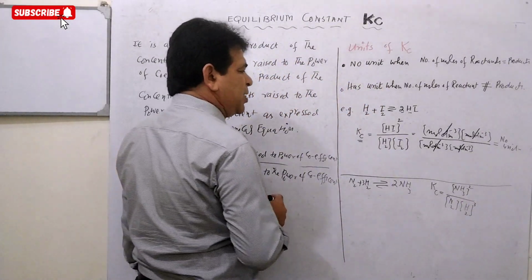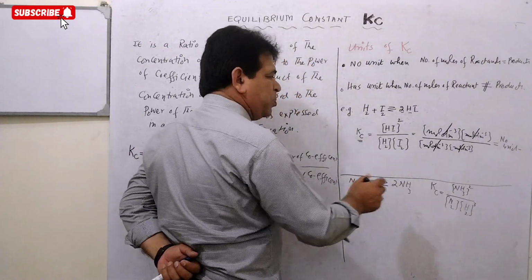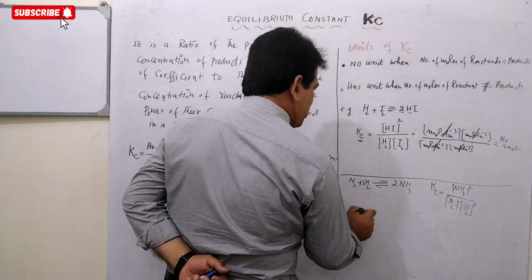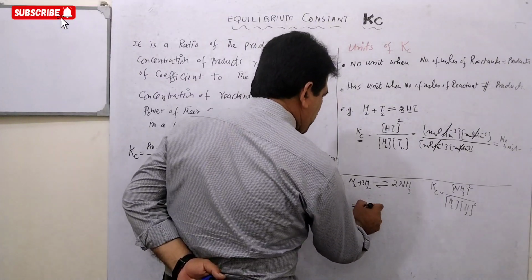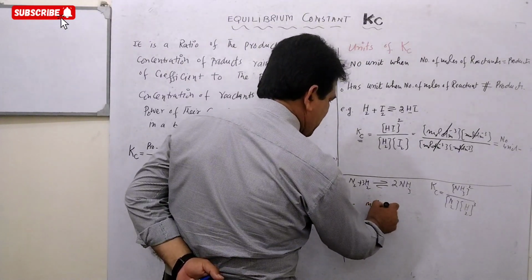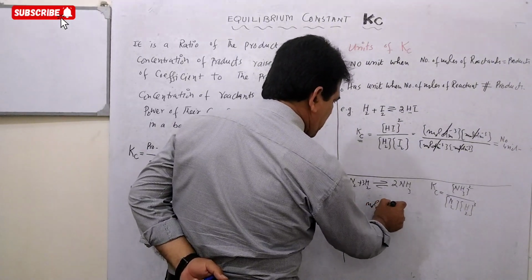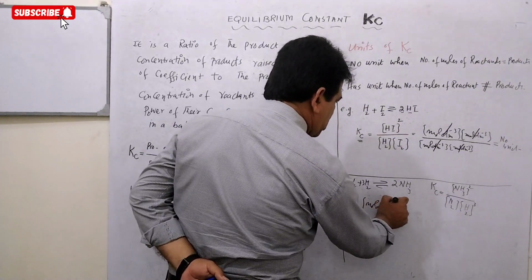Now we can write the units for these molar concentrations for ammonia, nitrogen and hydrogen. For ammonia it will be written as mole per decimeter cube power 2 over.